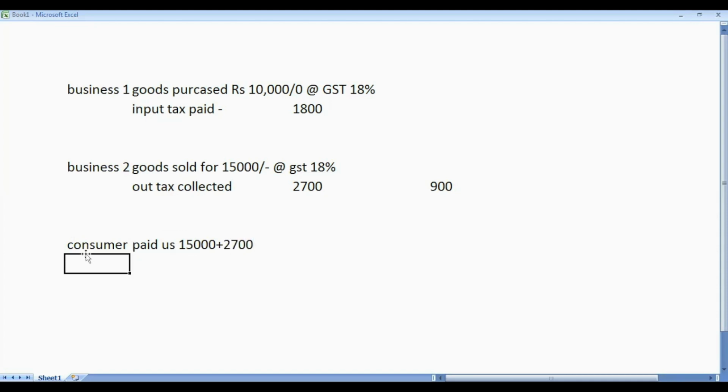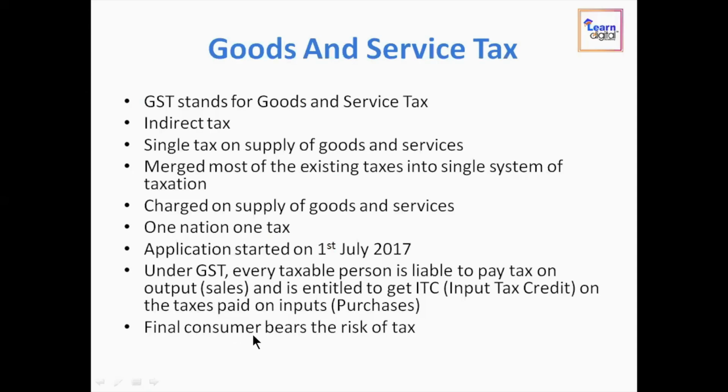Now, this consumer actually consumes the goods. He does not sell these goods to the next person. So he will not collect the tax and he will not get ITC. So the final burden of the tax, that is total 2,700, is on the consumer. So final consumer bears the risk of tax. The last consumer, the person who used that product, bears the risk of tax.